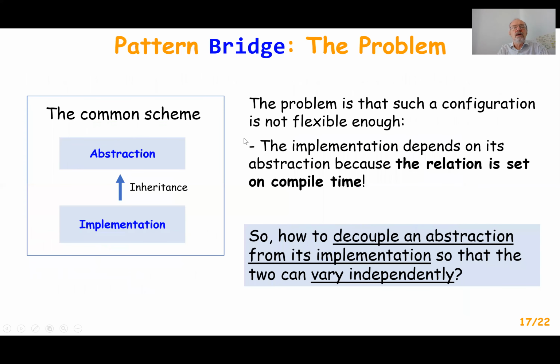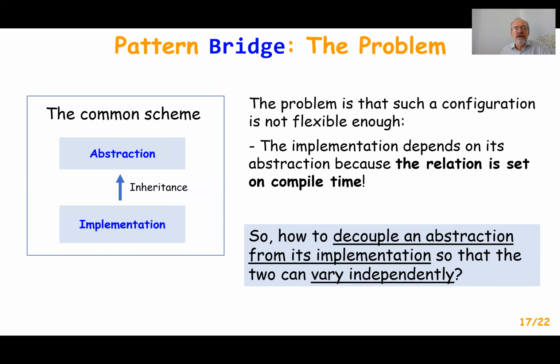Okay, let's go on. The next slide contains the illustration of this approach. Again, we declare an abstraction implemented as an abstract class in C++ or in other languages. The same feature is supported by many languages. And we provide implementation for those abstractions in a derived class. However, here we have another problem.